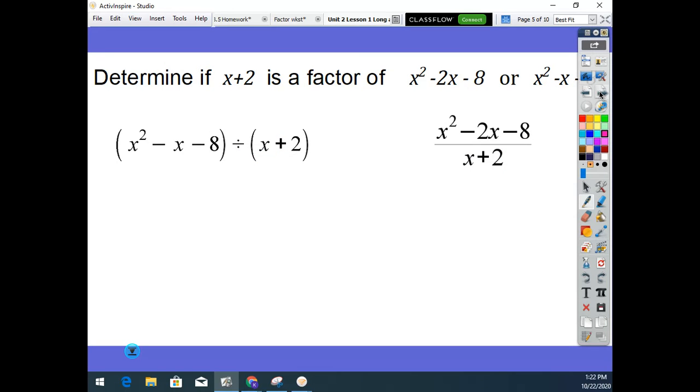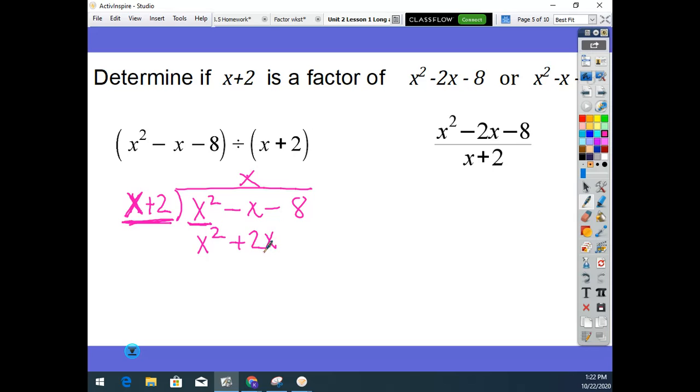Okay, so now let's look at what the really important part is here. You always start with the front pieces. What do I take x times to get x squared? X. X times, now I have to distribute all the way across. X times x is x squared. X times 2 is 2x.